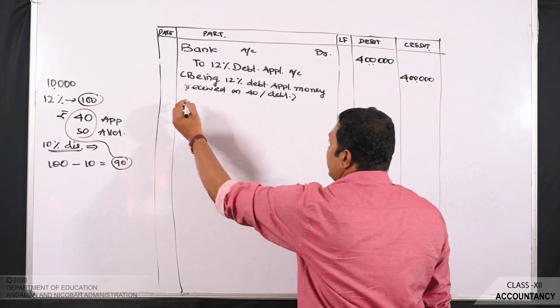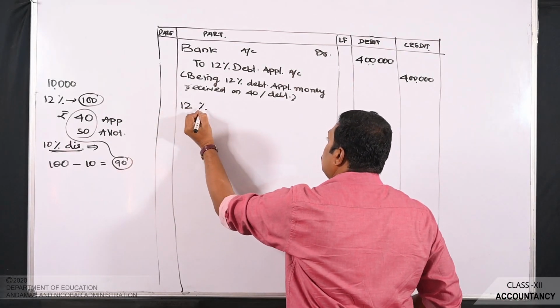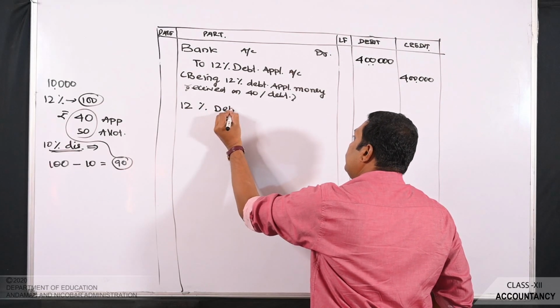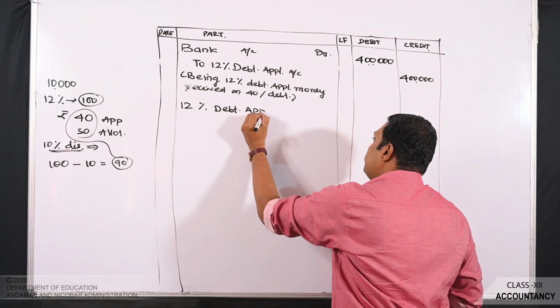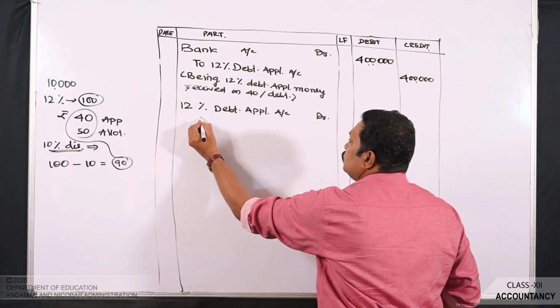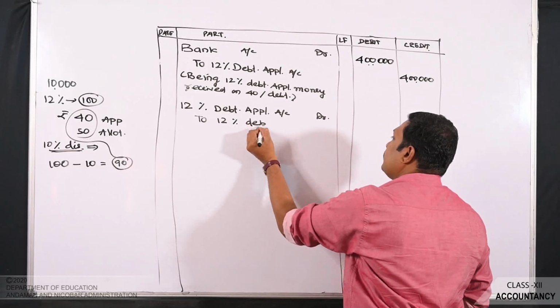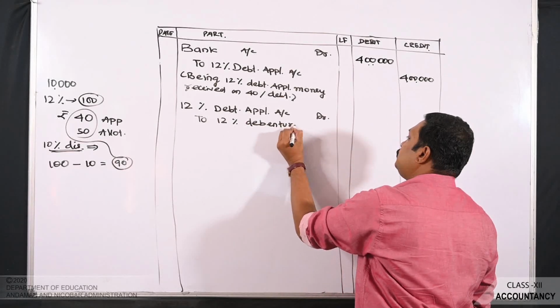Now we have to transfer into which account? Yes, the entry is 12% debenture application account debit to 12% debenture. This is the second entry.